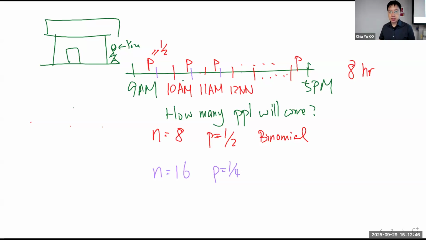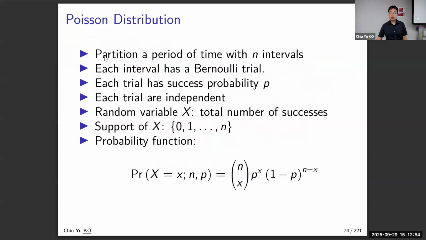Okay, so let's see the formal definition, then you will see what's going on. As I said, I divide the time interval into n intervals. If 8 hours is 9 to 5, each interval can be considered as a binomial trial.